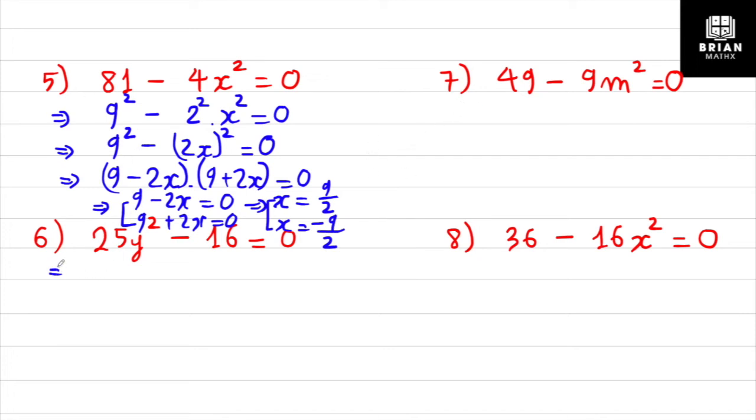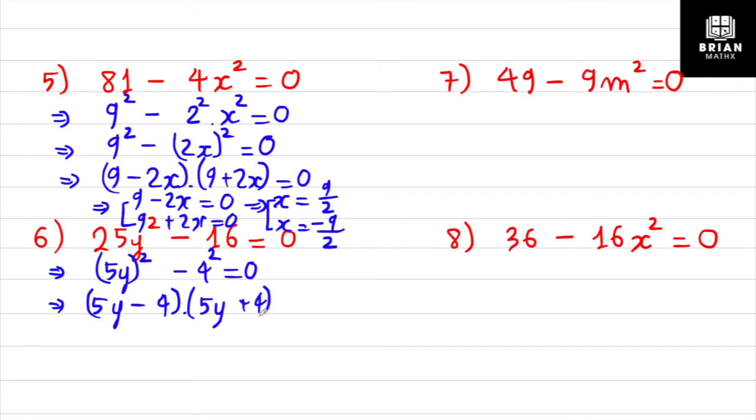Question 6, how about that? 25y squared minus 16. Yeah, you can change here 5y inside the bracket, and outside you got square, and 16 you got 4 square. So factorizing, you got 5y minus 4 and 5y plus 4 equal to 0.